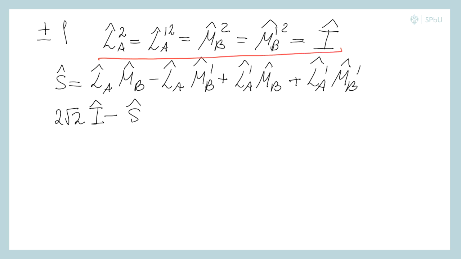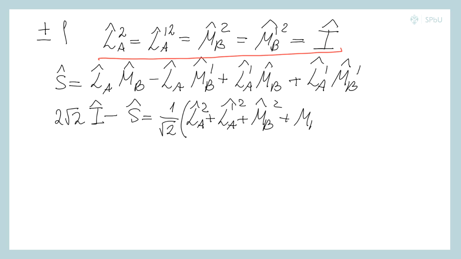So the 2 goes down and turns into the square root of 2. And here we get LA squared plus LA prime squared plus MB squared plus MB prime squared, minus S.